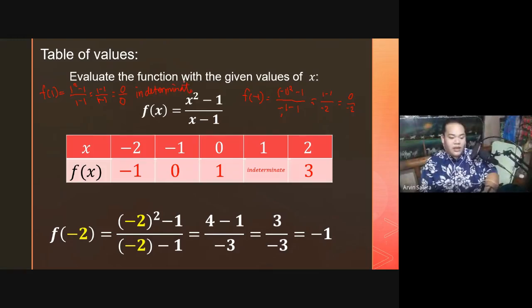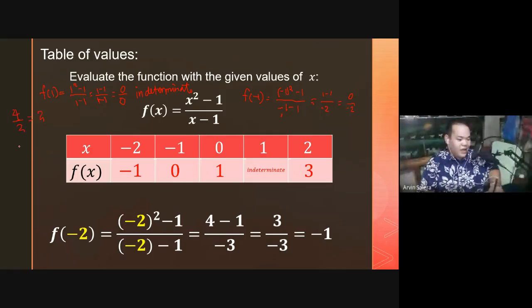Okay, this is the last slide. The meaning of indeterminate is this. Remember that multiplication and division are opposing symbols. So meaning that if we have 4 divided by 2, the answer is 2.